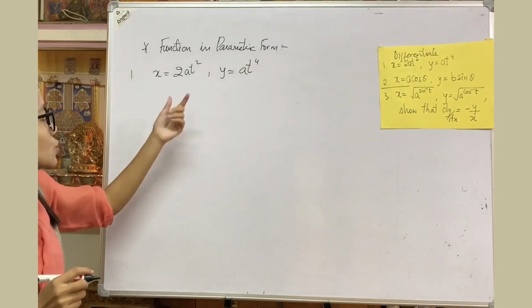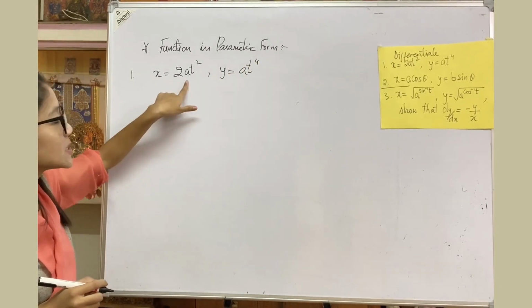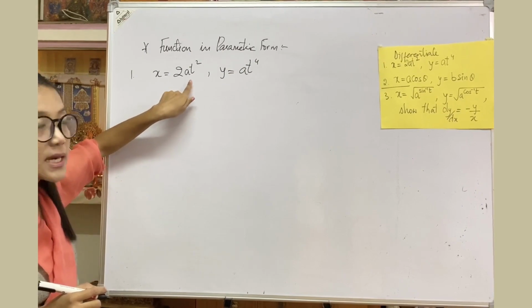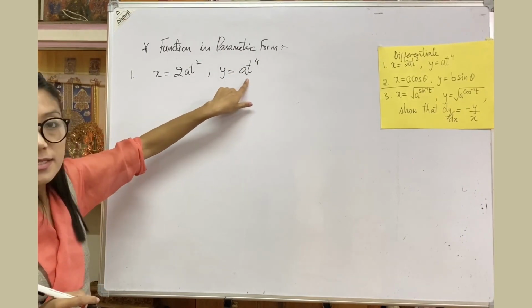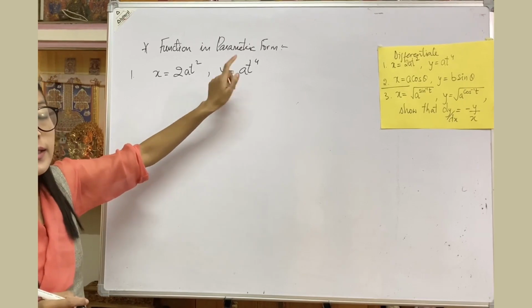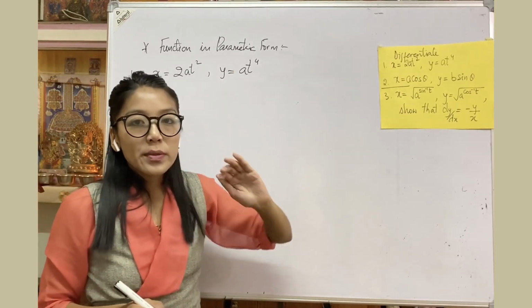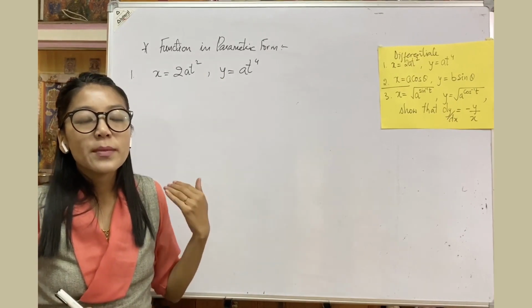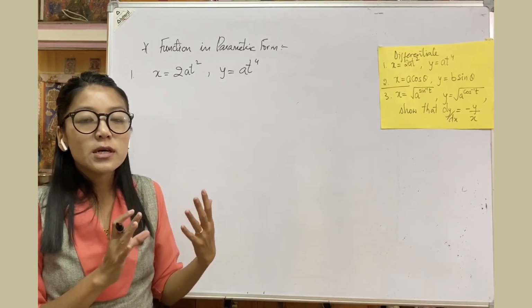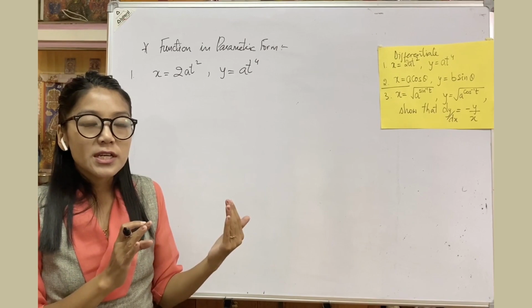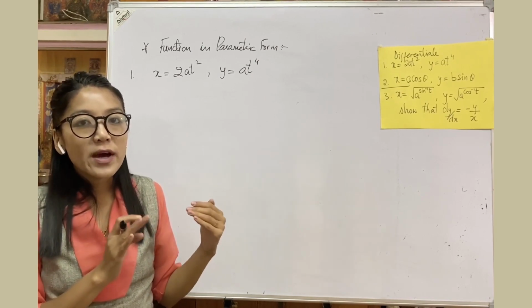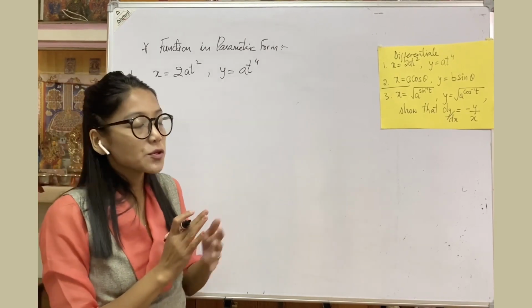Here you can see x has been expressed in a third variable t, and y is also expressed in the third variable t. Now when you are asked to differentiate, remember that you have to find out dy by dx. In this chapter, whenever you are asked to differentiate, you are asked to find out dy by dx. So that you have to remember.